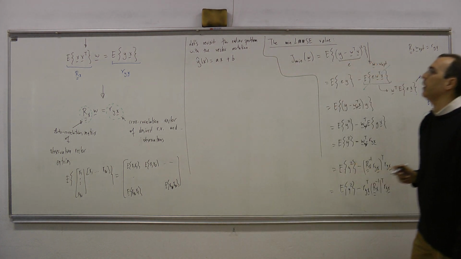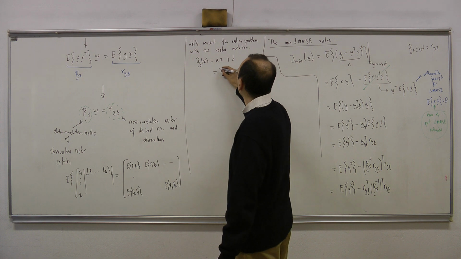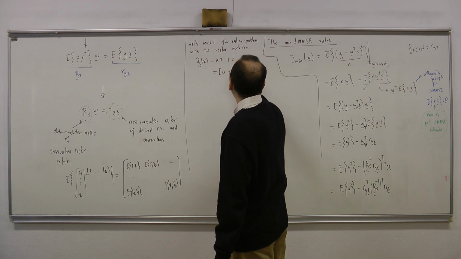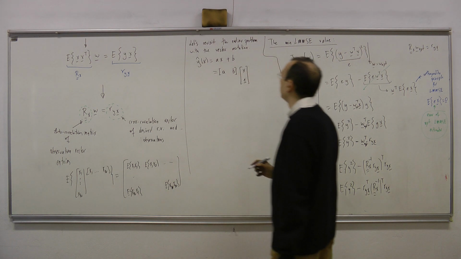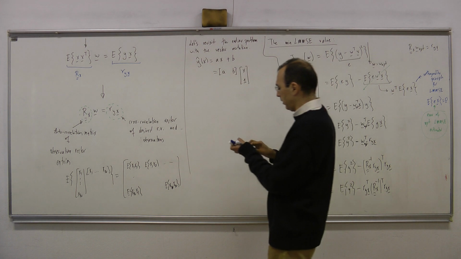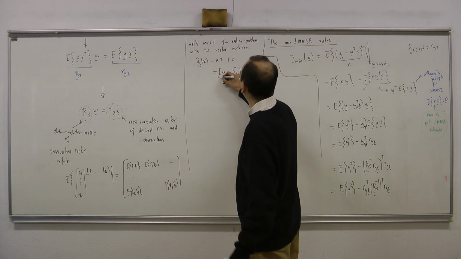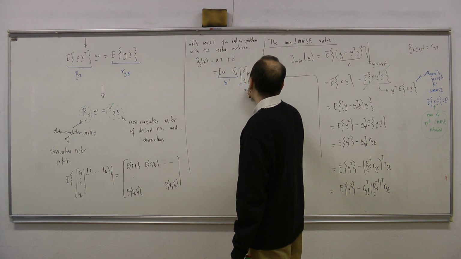Am I right? Ax plus b. So let me write this as a, b, and x and 1. So this will be my unknown vector in transpose. This will be my x vector.